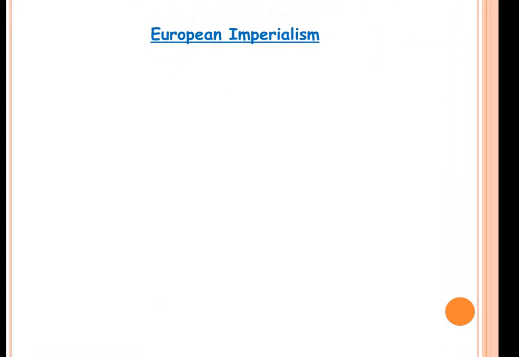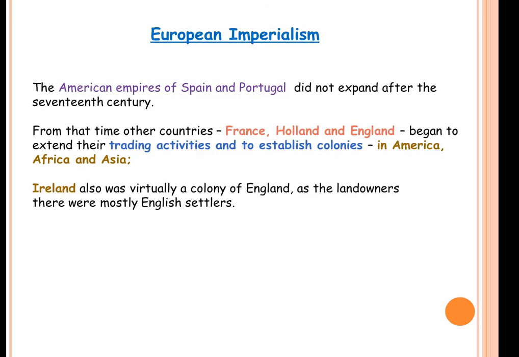Now, it is regarding European imperialism. We know that the Spanish and the Portuguese were not able to expand their empire in the Americas because the natives were very shrewd, they understood their intention. But they started focusing on other countries like France, Holland and England.